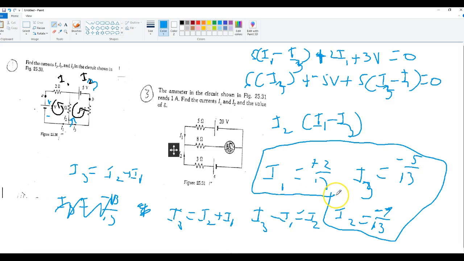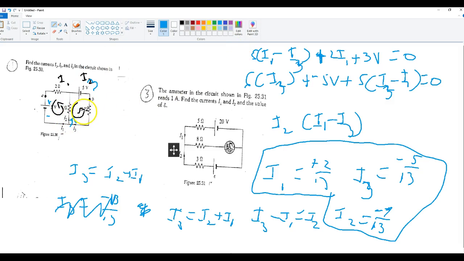So let's just go over one more time what we just did. We did mesh analysis, so we're going to go just this way. It's just Kirchhoff's law. Remember these are working against each other, so 5 times I1 minus I3, plus 2I1, plus 3 volts is equal to 0. That's the first equation.